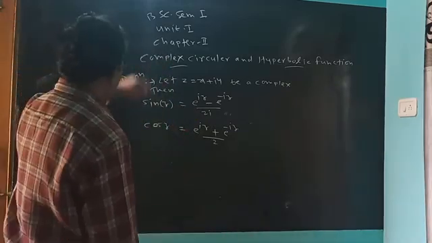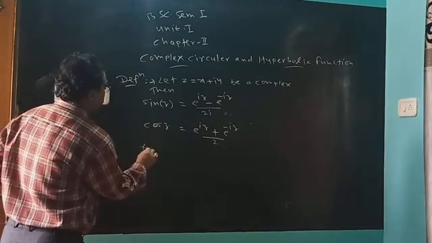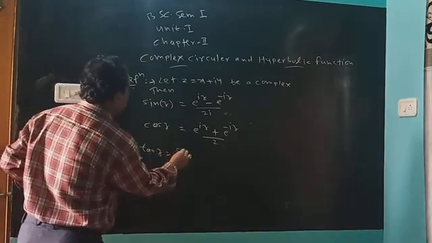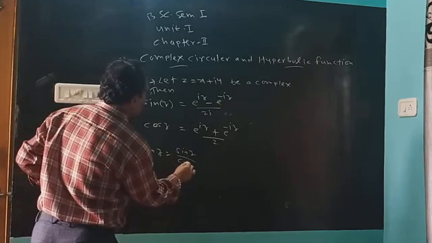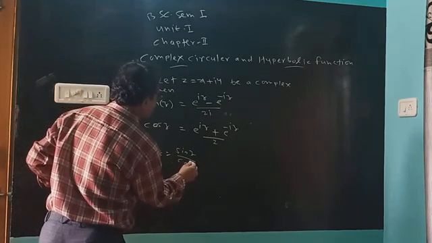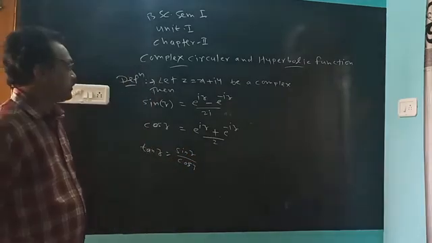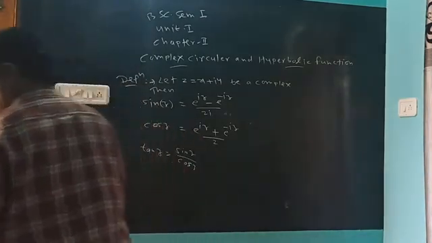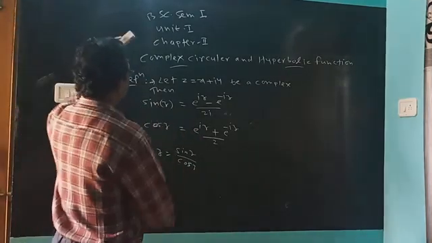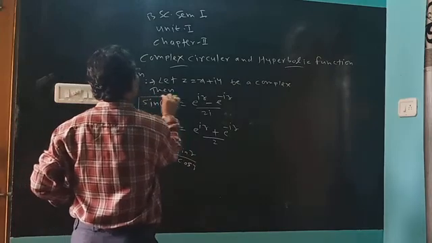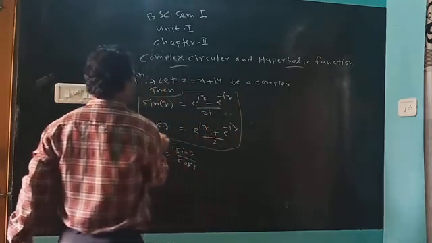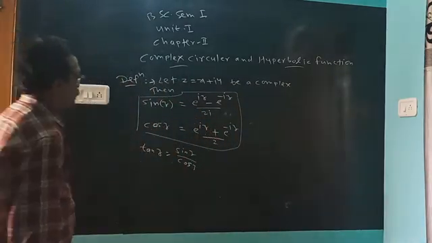Similarly, tan z means sin by cos, so tan z will be sin z upon cos z as usual in trigonometry. So these are the two main definitions in a circular function.